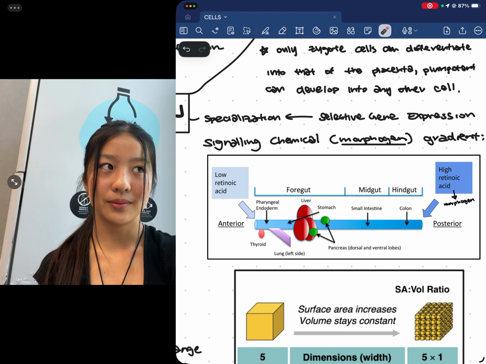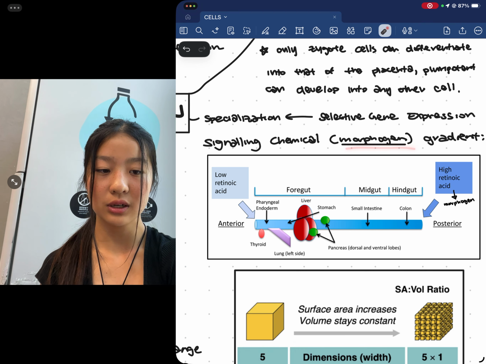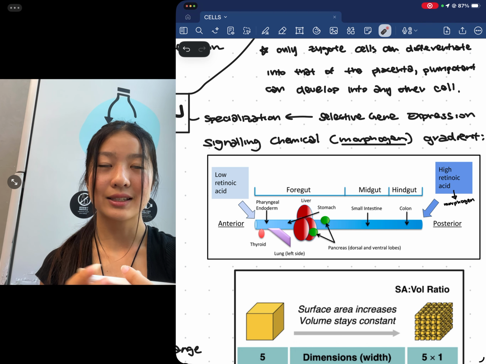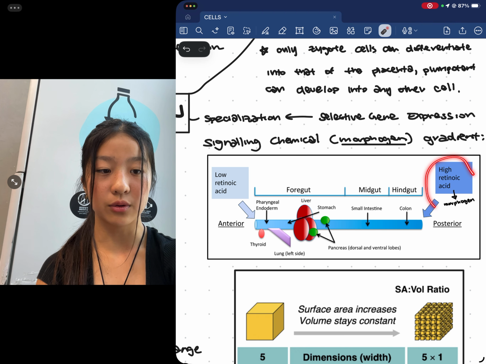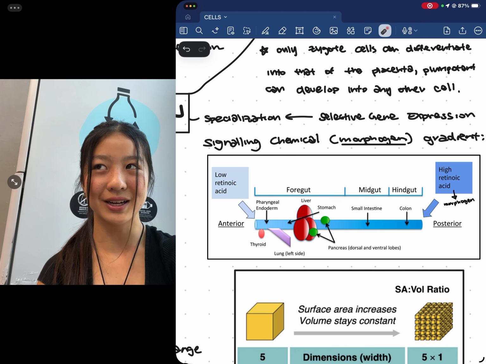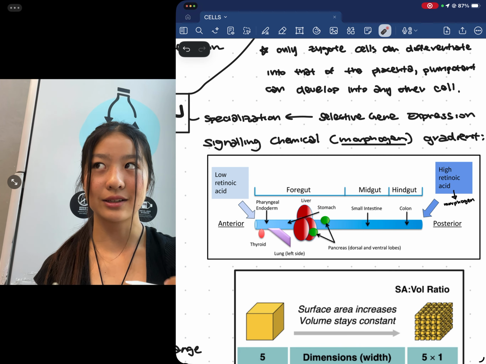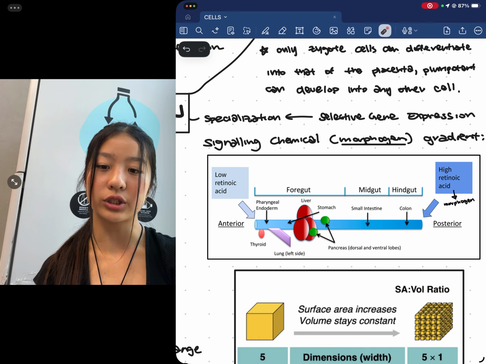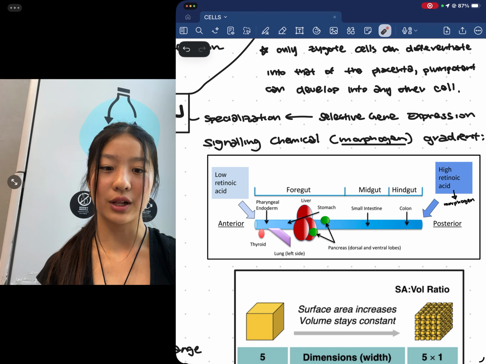In the context of an embryo, we have retinoic acid as our morphogen, and as the retinoic acid spreads through the womb and through the uterus, the area with the highest retinoic acid, which is the chemical gradient, develops into the colon, and as the chemical gradient becomes more diluted, it's assigned for the different parts of the organs to develop, and it indicates which direction the embryo should develop in for morphogen gradients.